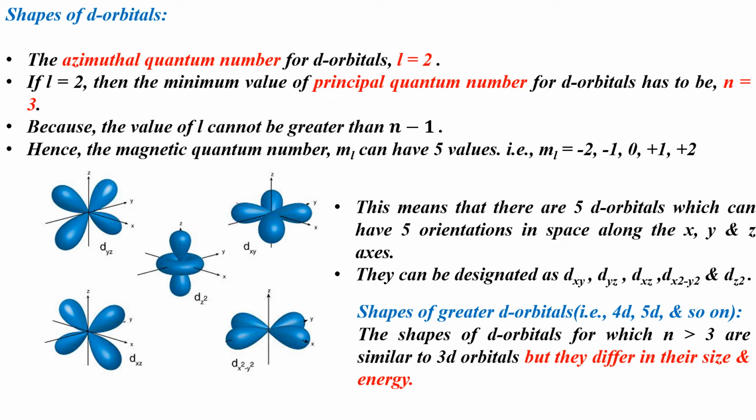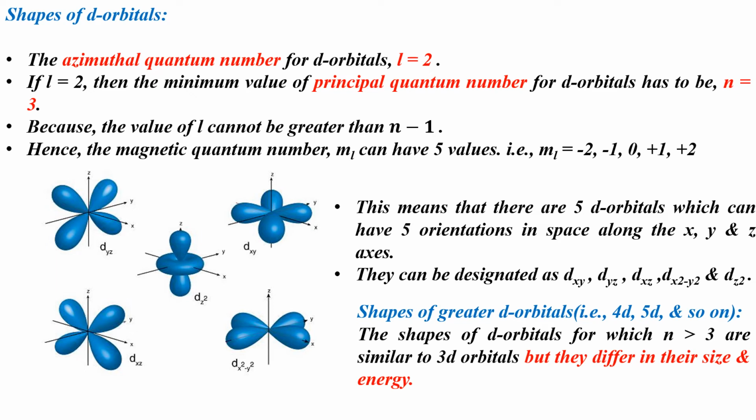If you take dyz orbital, you can see that the four lobes in dyz orbital are oriented in between the y and z axis. If you take these lobes to be in a plane, then this is perpendicular to the x-axis.